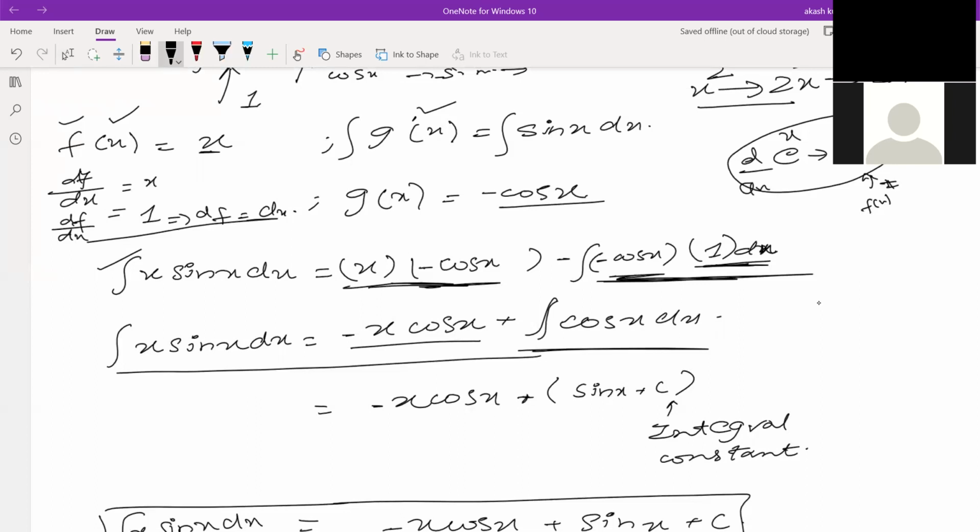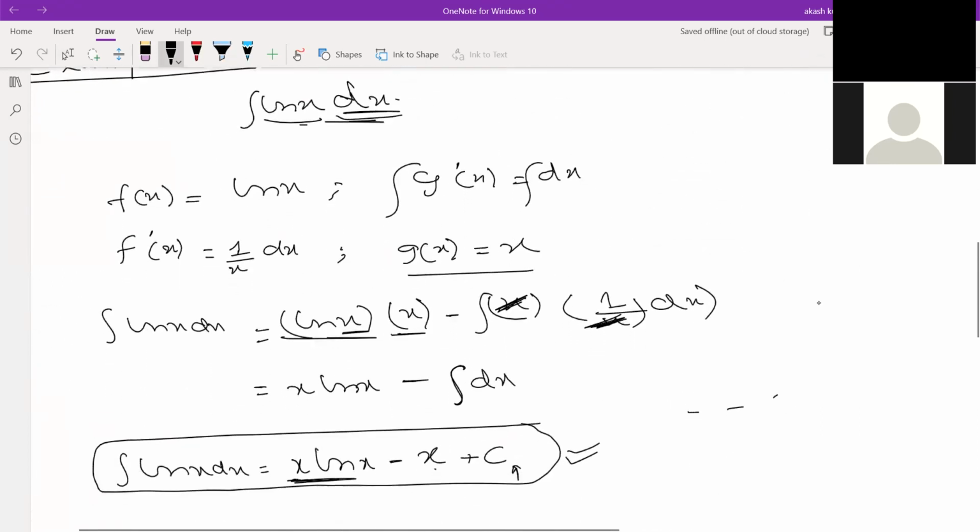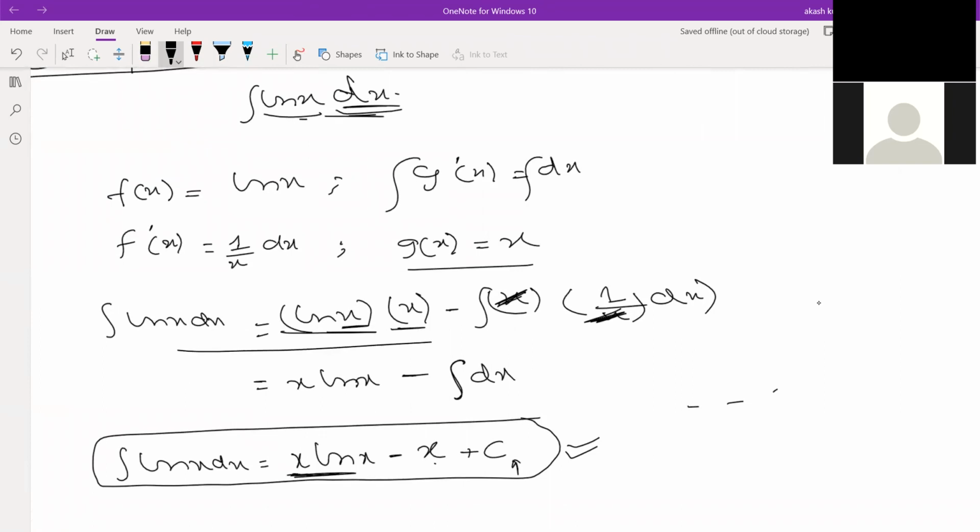Is it clear? Okay. Yeah. In example number 2 again, we applied the integration by parts formula, and then we applied the integration rule here, and took the integral of dx, which becomes minus x plus c. So we applied the integration twice.